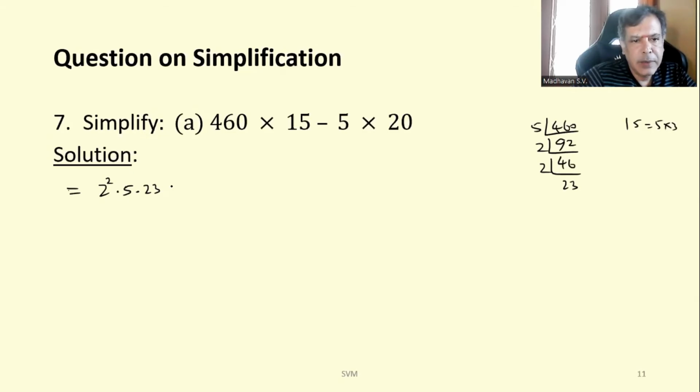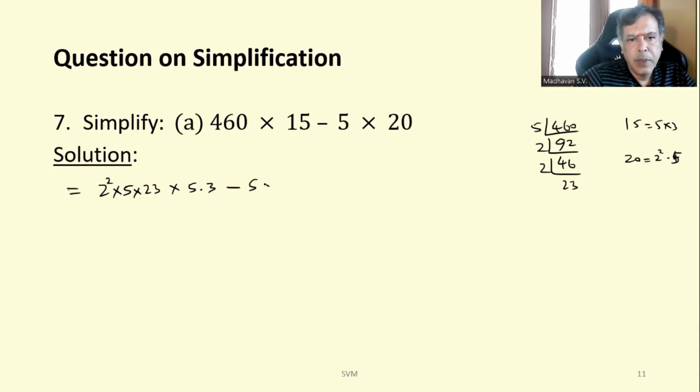So I will write 5 into 3. This is also multiplication. Minus 5 and 20 can be written as 4 into 5. That is 2 square into 5.